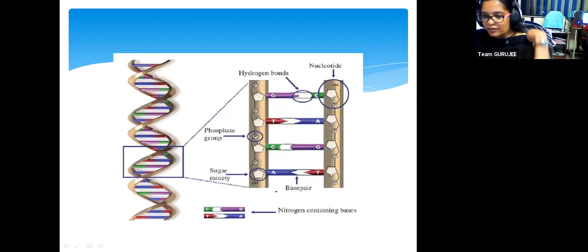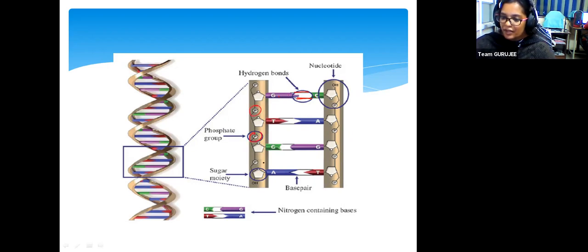Next, again we are seeing the bonds present in DNA. Between two base pairs, they are connected by hydrogen bonds. Then we have the phosphate group here.